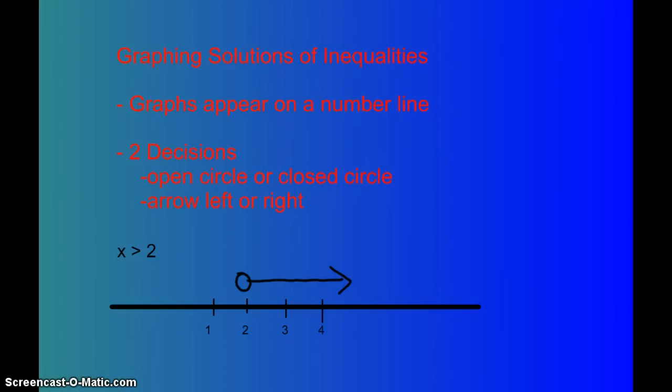A closed circle is including that value. Then the second decision comes: does our arrow go left or right? Well, we're graphing the solutions, and our solution is x is greater than 2. We don't know what x is, but we know it's a number larger than 2. Therefore we put the open circle at 2 and the arrow goes to the right, as that's where the values are that are larger than 2.